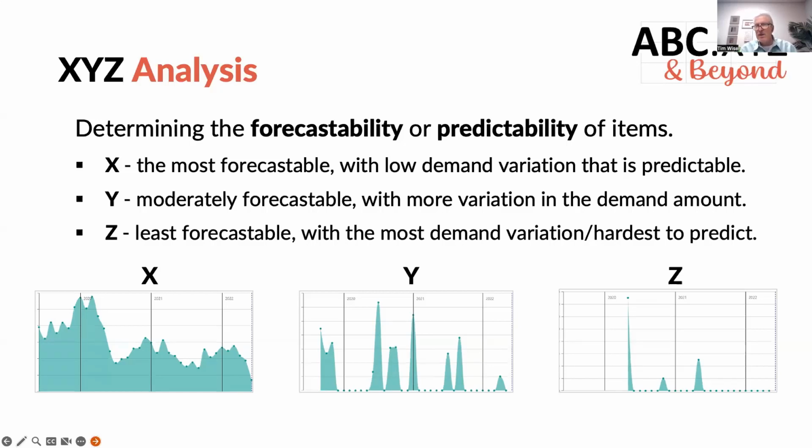And then Z, probably going to be infrequent. And when you do get those, they may appear to be even outliers within your demand profile for a given SKU. As you go through there, Y and Z are just going to get more difficult to predict and difficult to forecast.